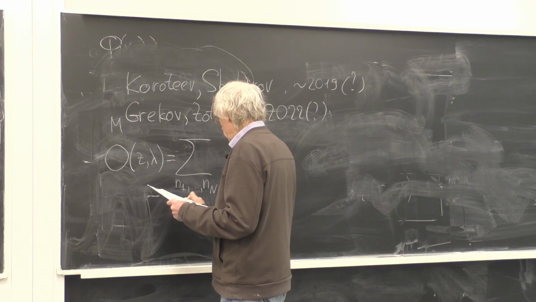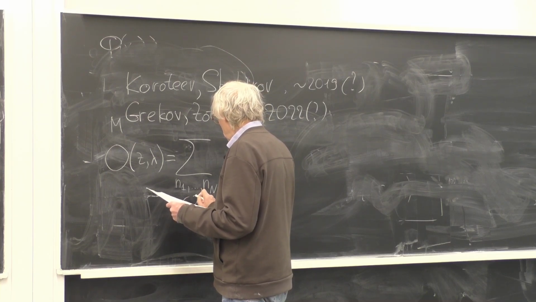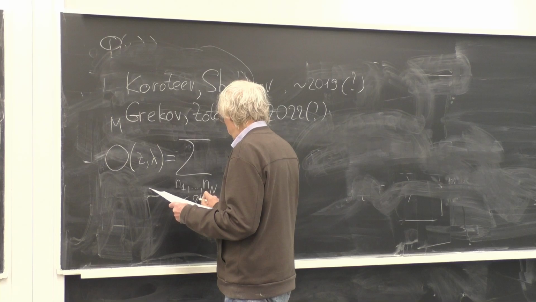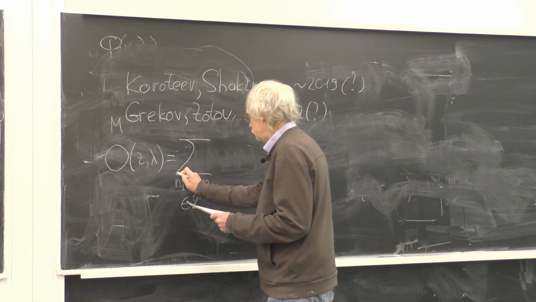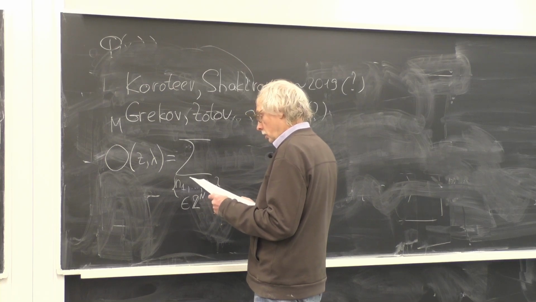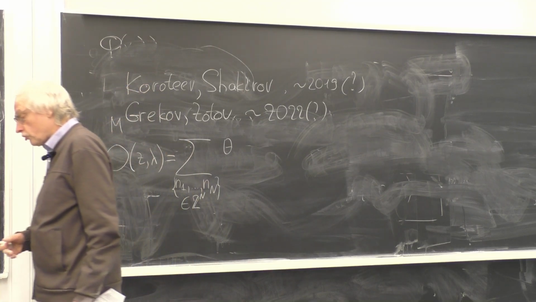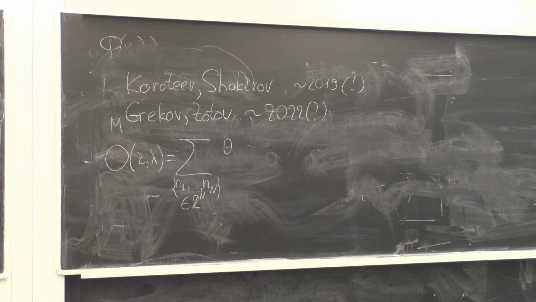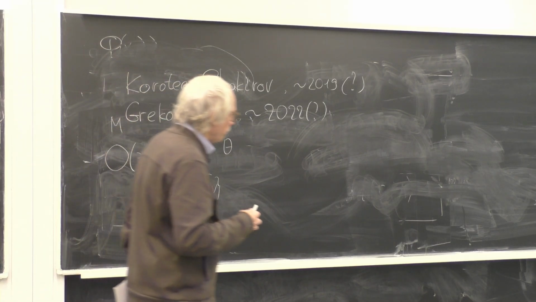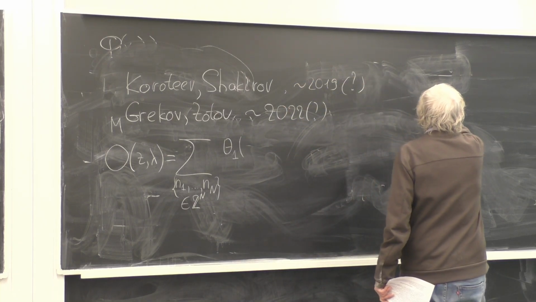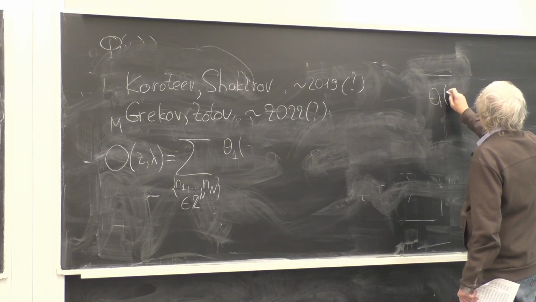The sum is over all integer numbers n. Instead of Weierstrass functions, in this case, it's more convenient to use theta functions, especially this theta1 function, which is given by the following series.